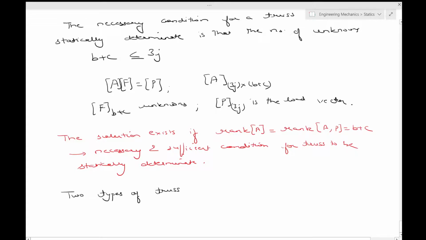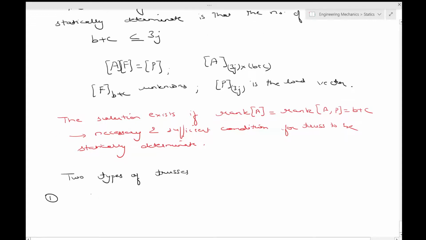One is the so-called rigid truss. So let me just write n is equal to 3j minus b minus c. This is when n is equal to 0.